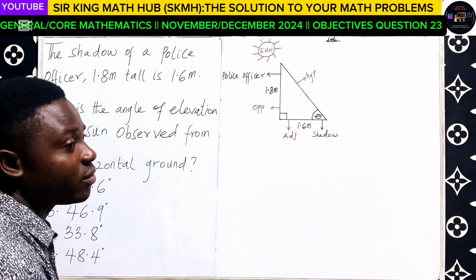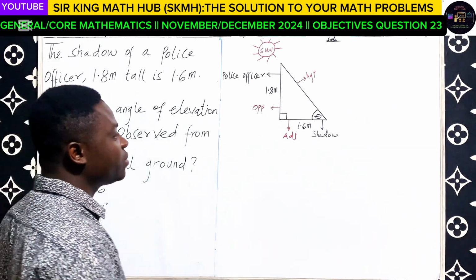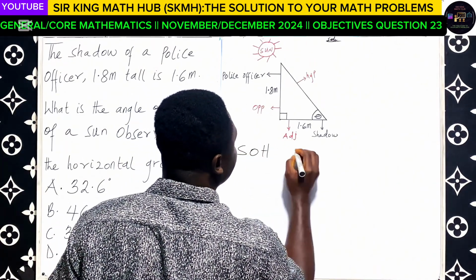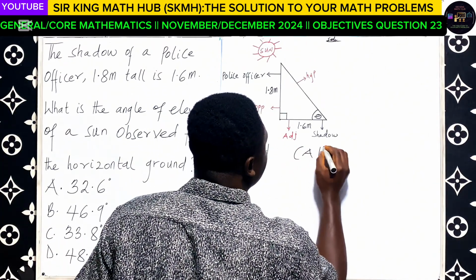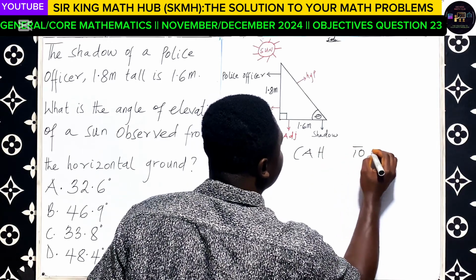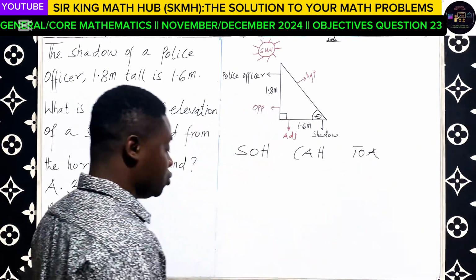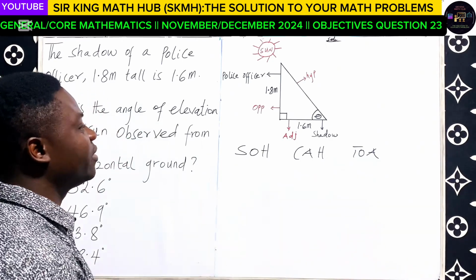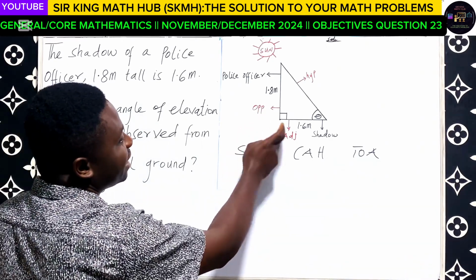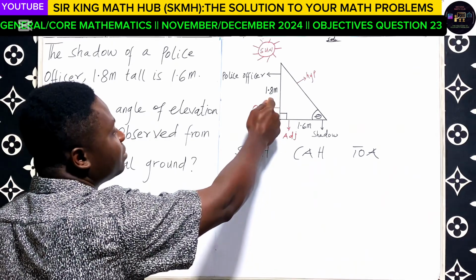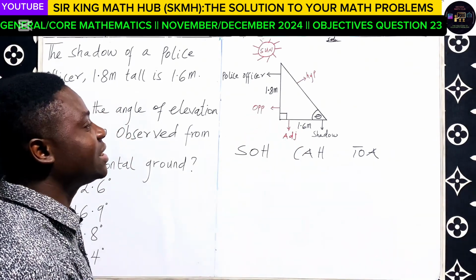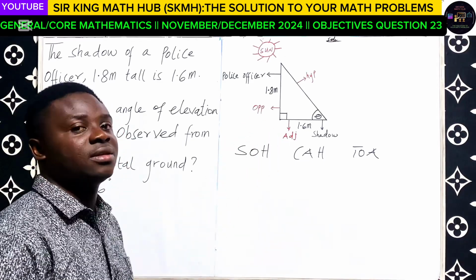But we are looking for the angle theta. So let's refer to SOHCAHTOA. Among these three ratios, which of them has opposite and adjacent? Because we know the length of the opposite, we know the length of the adjacent. We are looking for a trig ratio that has opposite and adjacent.